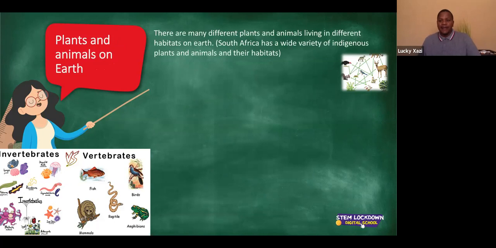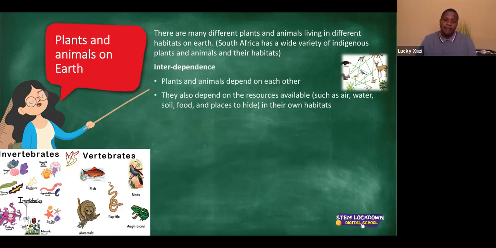There are many different plants and animals living in different habitats on Earth. As we know, in South Africa we have our own indigenous plants and indigenous animals, which are important and significant to our nation. Interdependent. Plants and animals depend on each other.